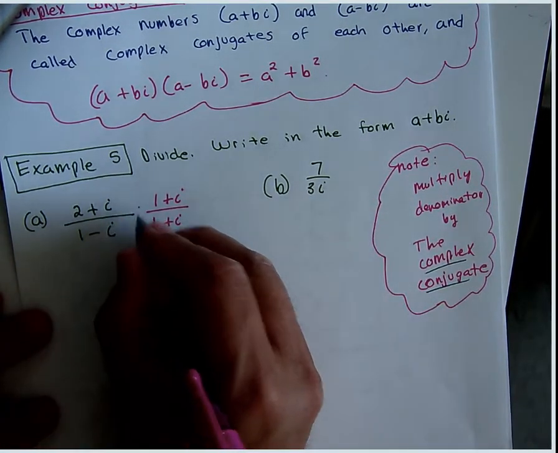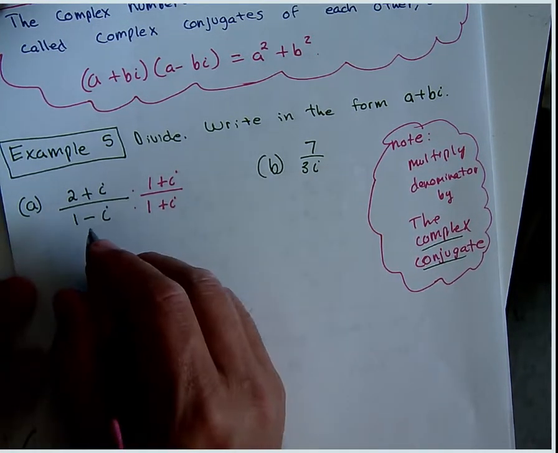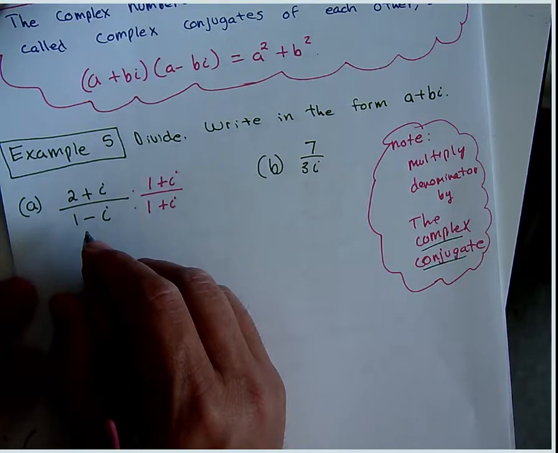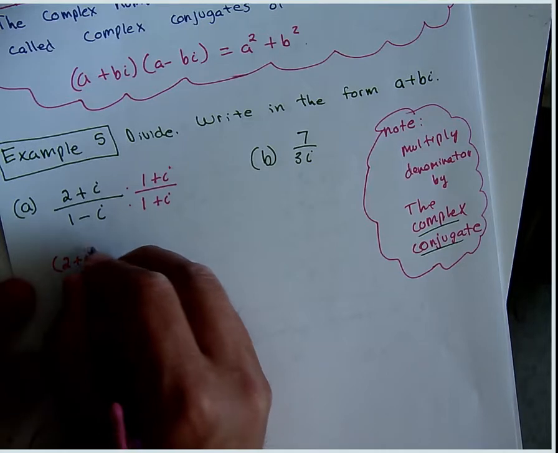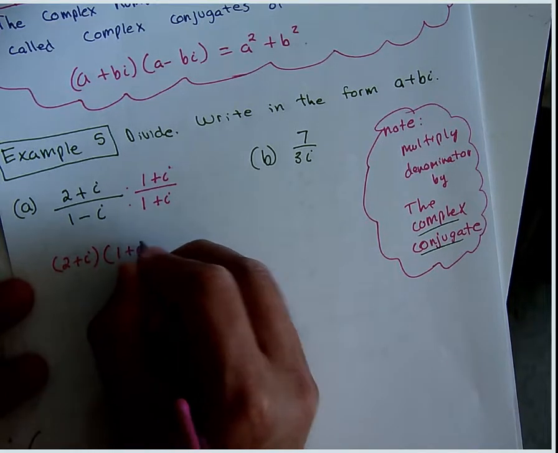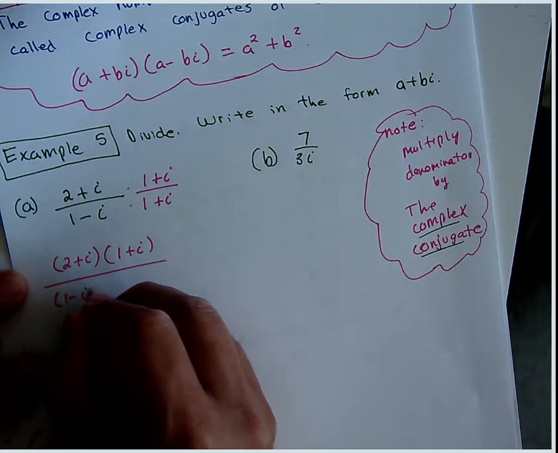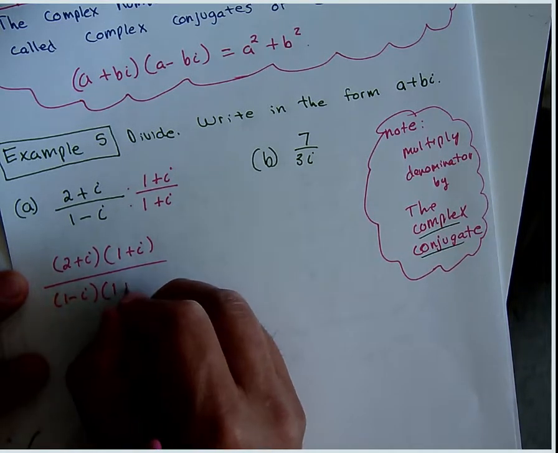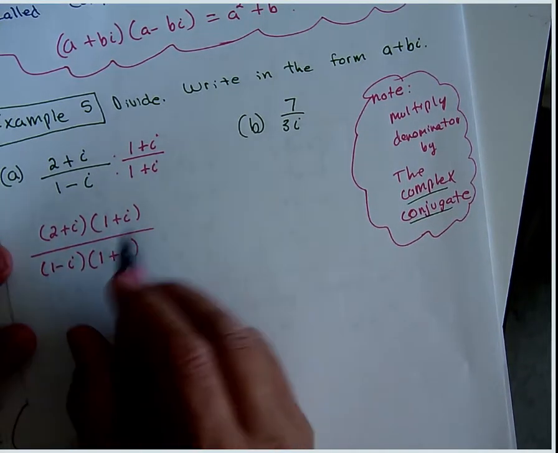So you just multiply like that. The top part would be 2 plus i times 1 plus i. And the bottom part would just be 1 minus i and 1 plus i. And then you do FOIL for both.